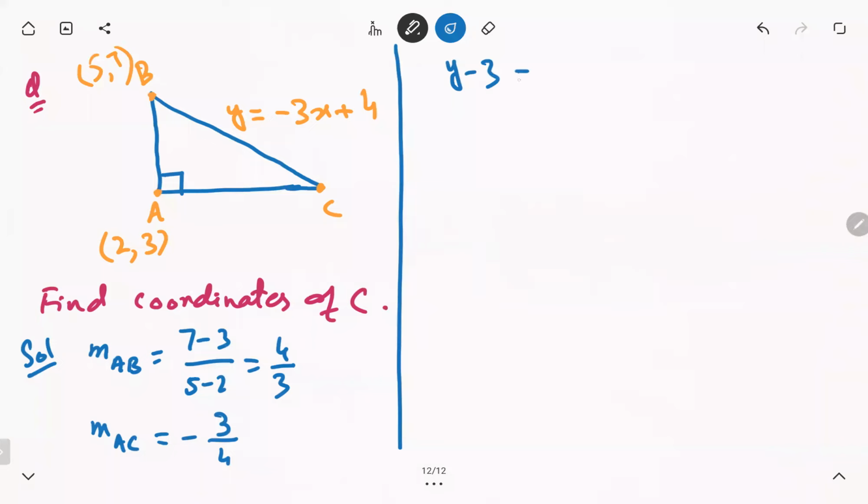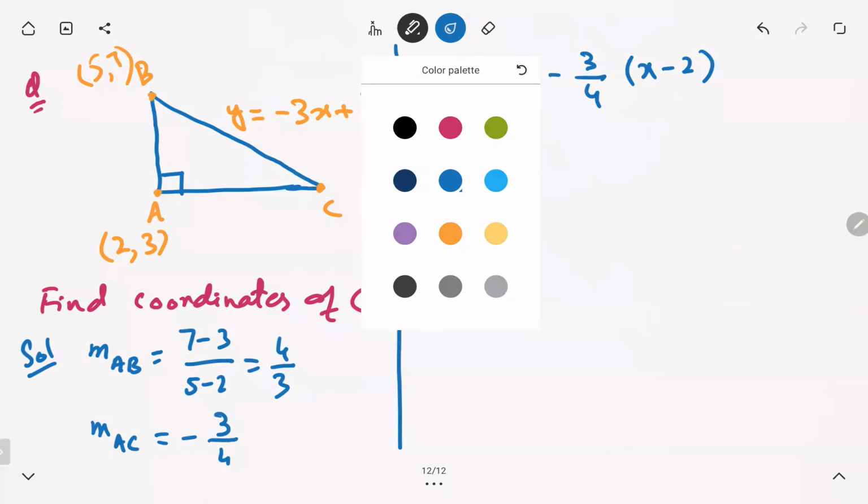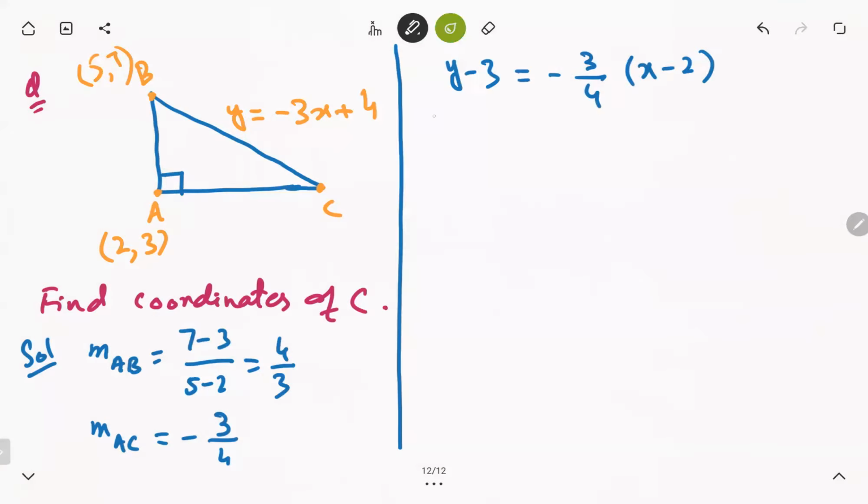So y minus 3 is minus 3 by 4 times x minus x1. So multiply 4 with y minus 3, 4y minus 12, and multiply minus 3 inside, minus 3x plus 6. So we got 4y is equal to minus 3x plus 18.